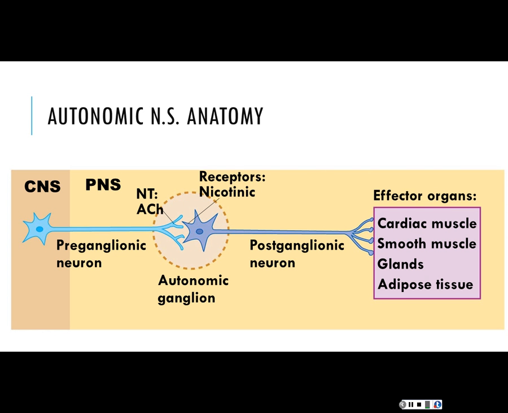The length of the pre and the postganglion fibers does depend on whether it's sympathetic or parasympathetic, which will also dictate whether it releases a sympathetic or a parasympathetic neurotransmitter. So I want you to acknowledge that depending on the cell type, it may release acetylcholine, it may release epinephrine if it's the adrenal medulla, or it may release norepinephrine. It's not going to release all three. It's going to release one of these.